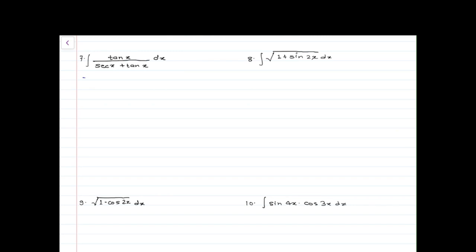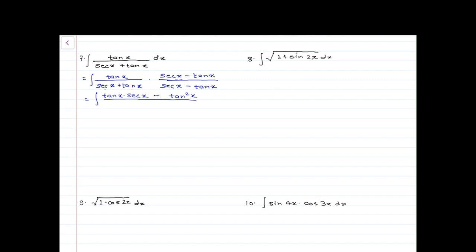Again here we don't have any formula for direct integration, but we can simplify it again, right? So we can use again the rationalization. If you multiply with sec x minus tan x in the numerator as well as in the denominator, what you will be left with: first term will be tan x multiplied with sec x minus second term will be tan square x, right?